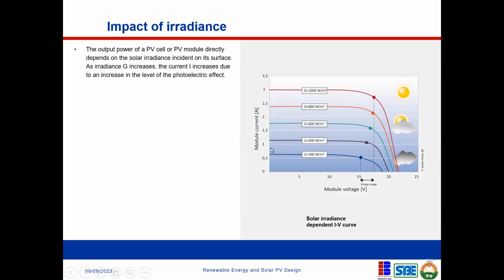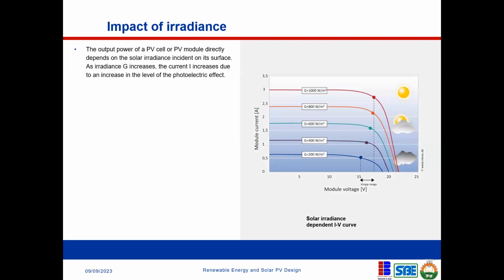Now look at how the current has changed. It has moved from maybe 0.6 to 3 ampere, right? Now look at the voltage. The voltage has only shifted slightly. Just to tell you that the voltage remains fairly stable once the sun is out.